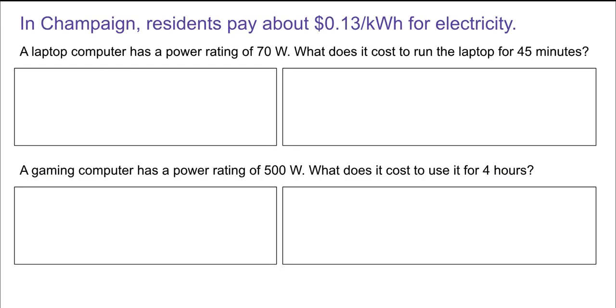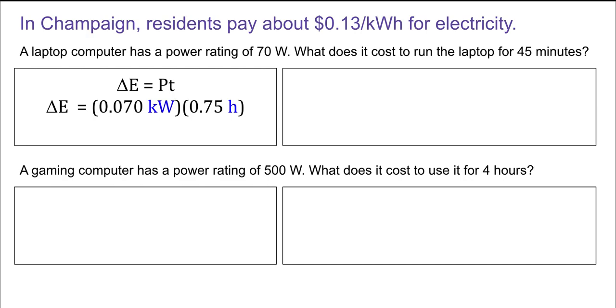So instead of leaving our power in watts, we're going to have to change that to kilowatts. And instead of changing our minutes to seconds, we're actually going to change the minutes to hours. So using the same formula, power times time, we're just going to use different units to represent the power and represent the time.